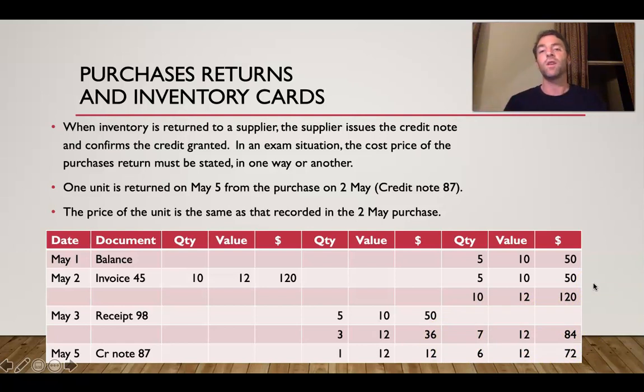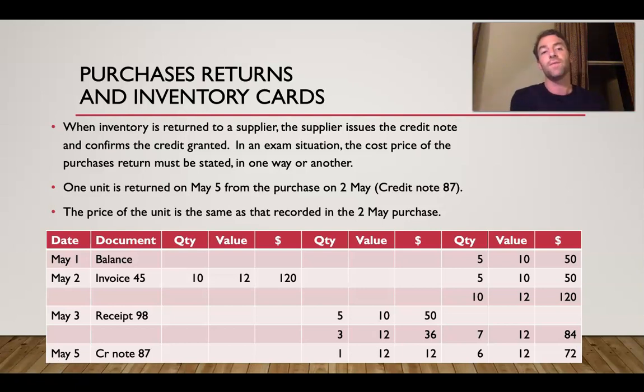So when you're recording an inventory card, a purchase return will always result in something being in the out column. You'll be told the cost price somehow. It might be really clear, or you might have to do a bit of investigation and think it through, just like this question here. But always, purchase return means we have less inventory in our business because we're returning it.